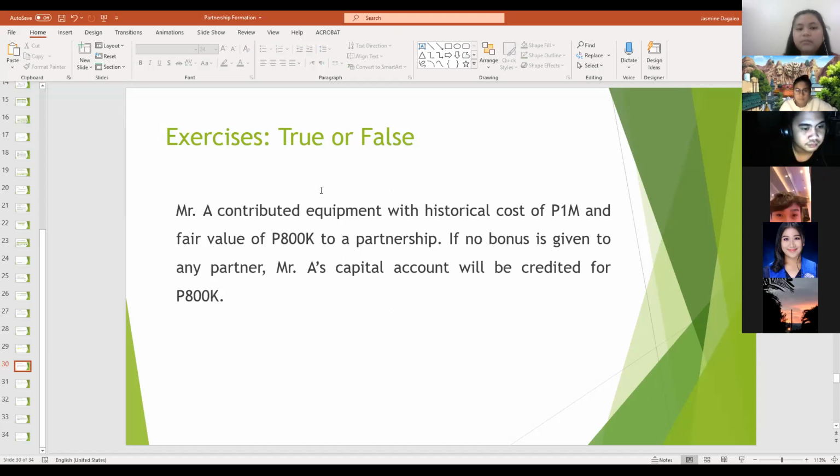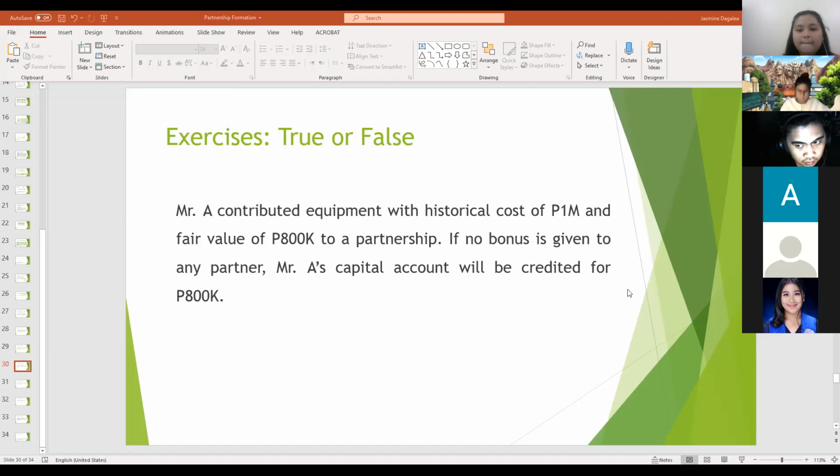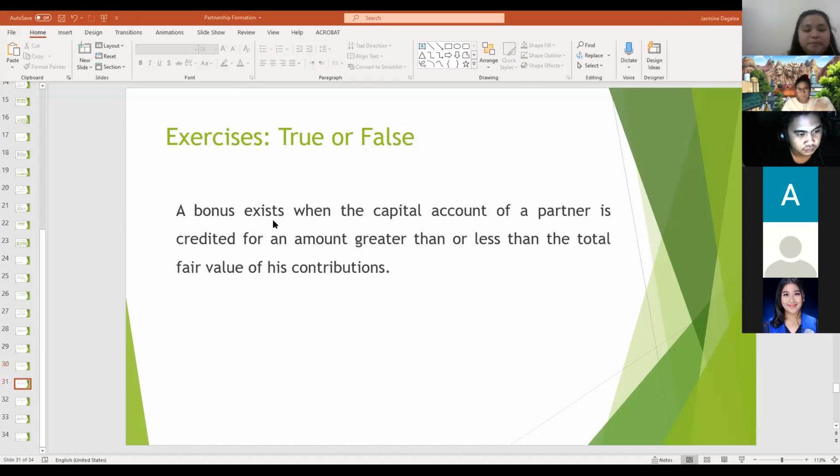So, number 3 is true. Ang sagot sa problem. Okay? Clear? May false pa rin na nagsabing false? True yan, ha? So, number 4.